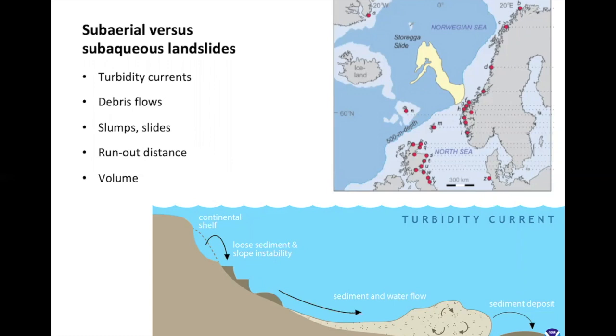There are a few landmark cases of rare but giant submarine landslides, including the Storegga landslide that I'll get to later. However, more frequent submarine landslides are smaller debris flows and turbidity currents.